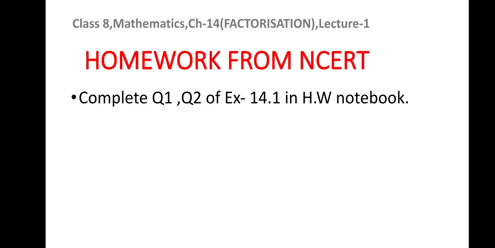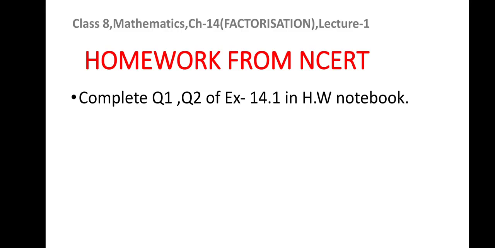So you will be able to do, like I have shown you the example of 5xy, 10xy, that can be written as 5 into 2 into x into y. Likewise, question number 1 is based on this. You are supposed to write the factors or take out the common factors. And question number 2, you are supposed to factorize the expressions by taking out the common factor, and then what will be left inside the bracket you need to write down.